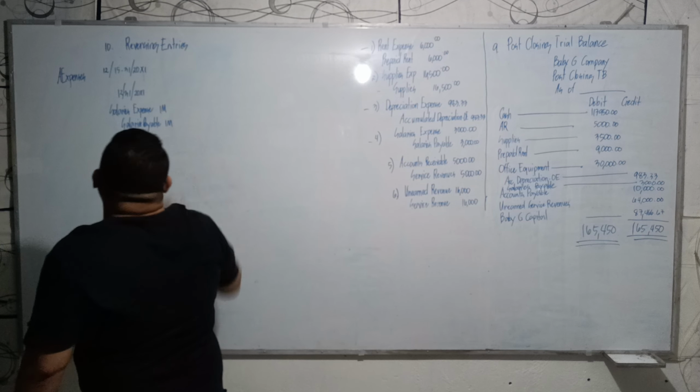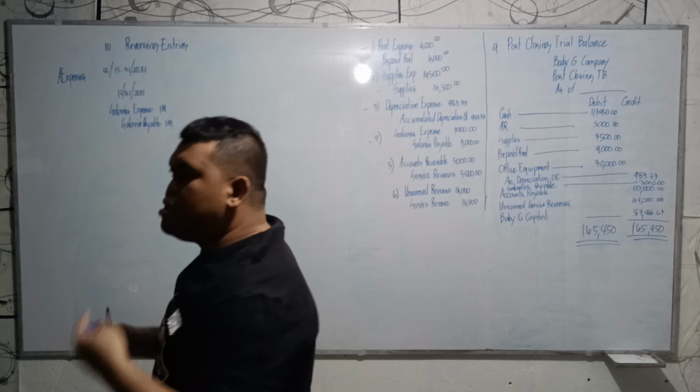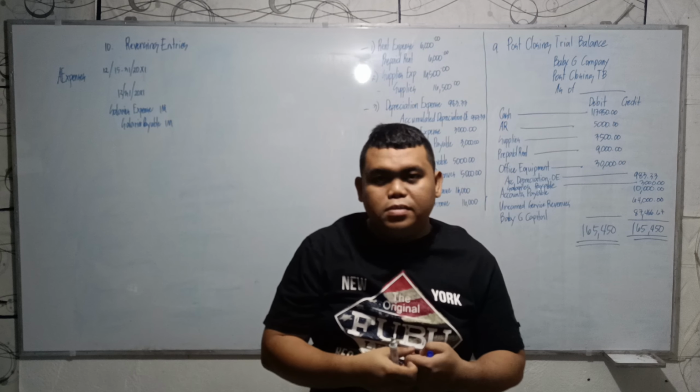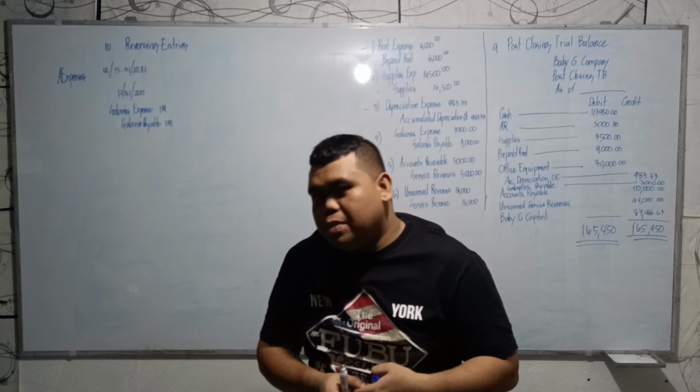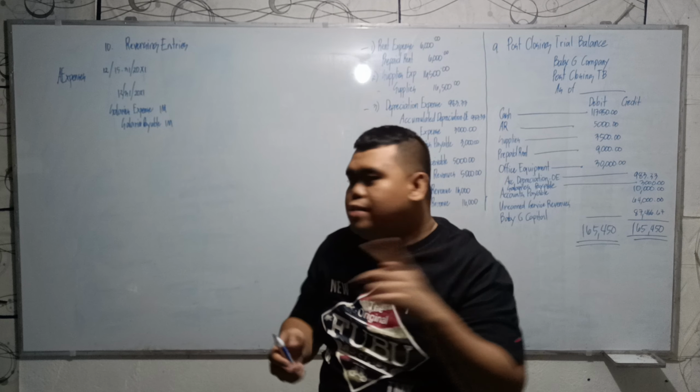1 million. Actually, guys, the reversing entry is only optional. Okay? It's optional, just like the preparation of the worksheet. Why?